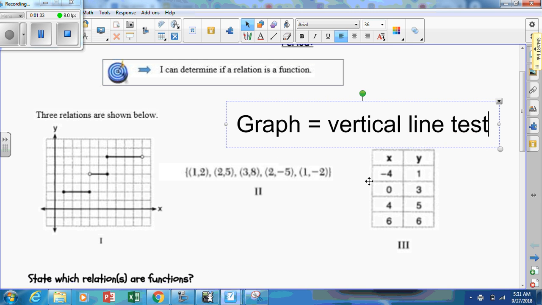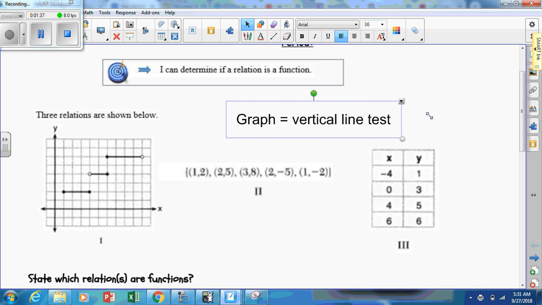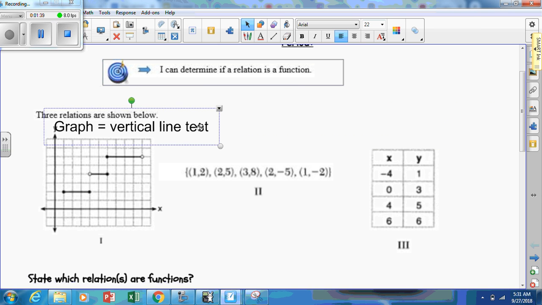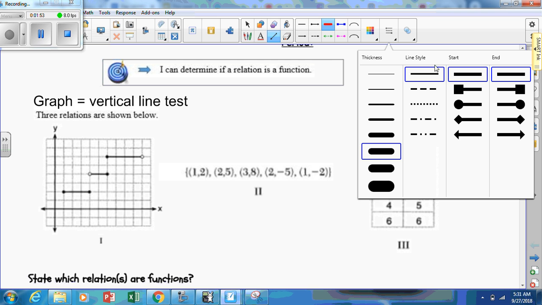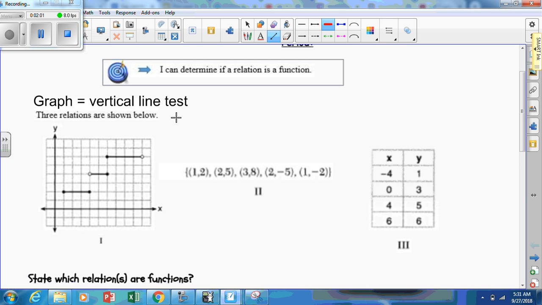And my vertical line test, you may already know, is as simple as creating a vertical line, either going left to right or right to left, like this.